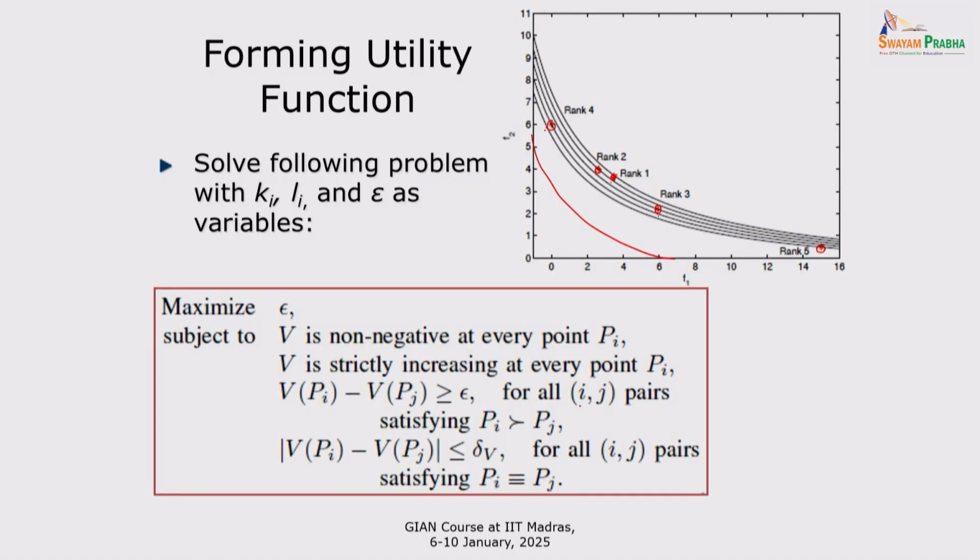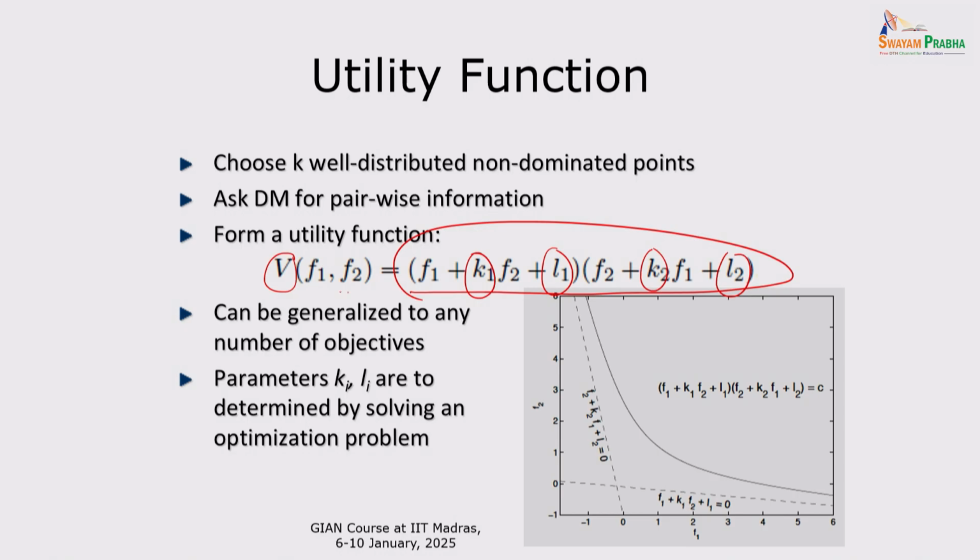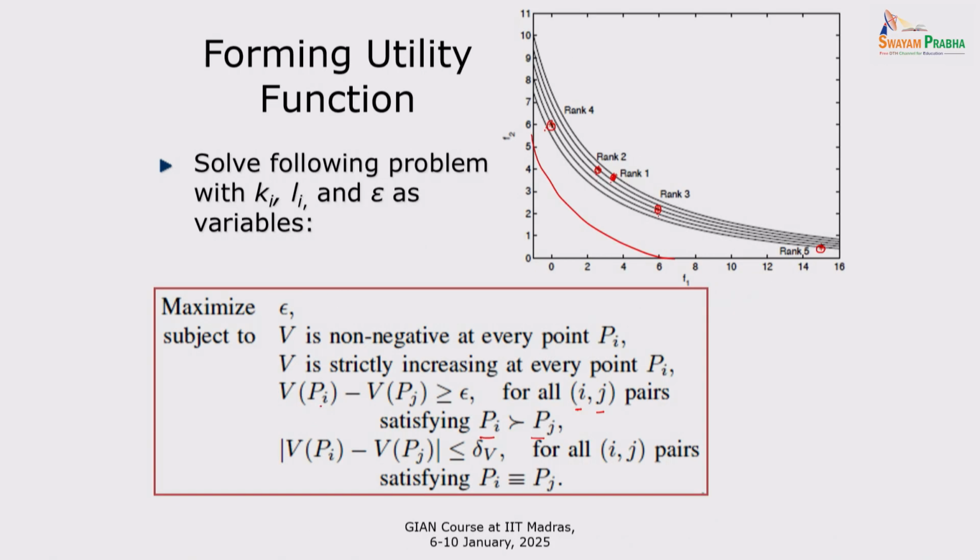Now I come and formulate this problem. Every time I gave him i and j, and he said i is better than j, I put a constraint saying that the value function I showed you, with the corresponding f1, f2 for the ith point, minus the value function for the jth point, their difference has to be at least some positive value, greater than or equal to epsilon.